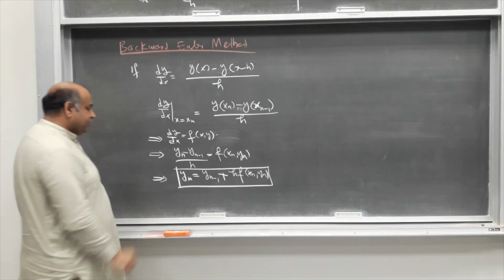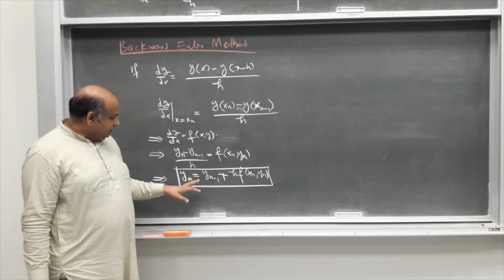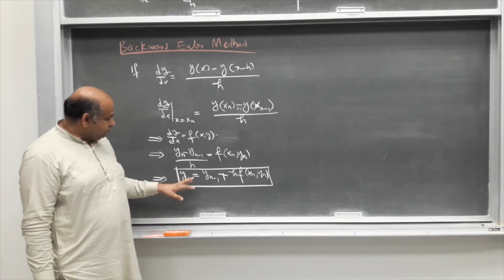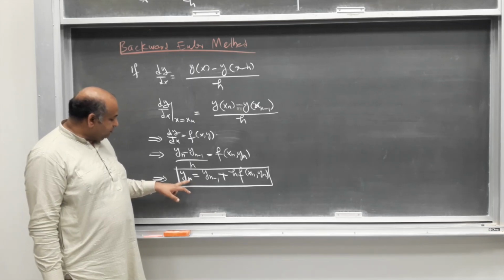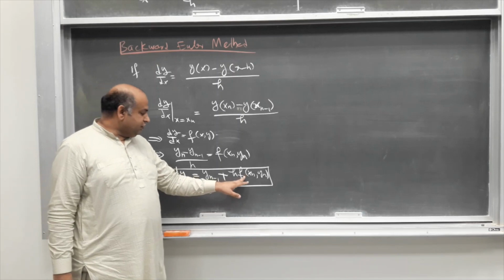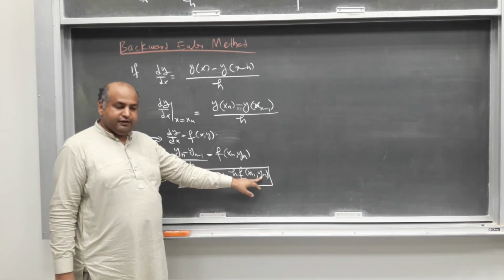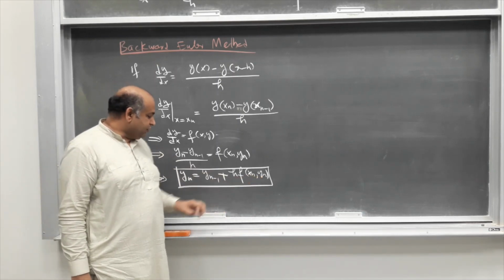So this is the equation that we get. There is of course a trouble that to compute the value of y at n, we also need this function at yn, and we'll see shortly how we can overcome this.